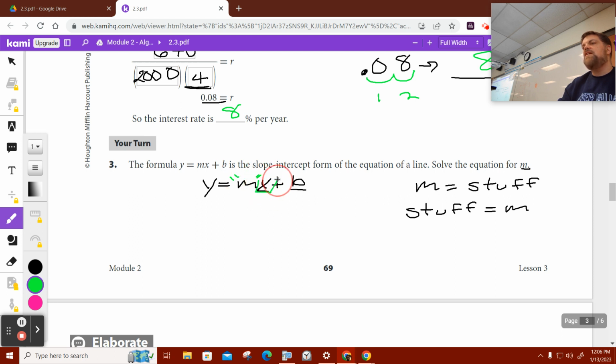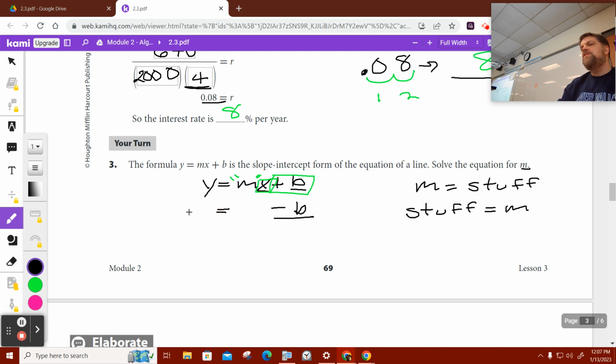We're going to move the x at some point, and right now we're moving away the plus b. So what is the b doing to the m term mathematically, currently? It's adding. What's the inverse of adding? Subtracting. So I'm going to subtract b on this side.